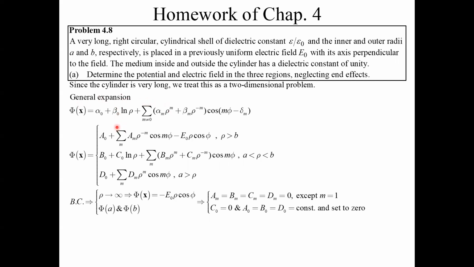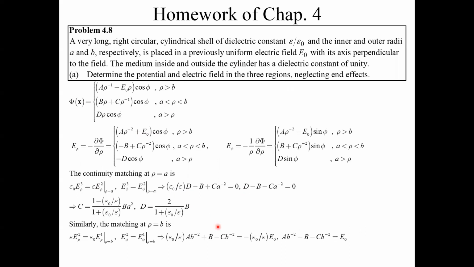So we have this, and then we match our boundary conditions. We have some coefficients that go to 0 here. And next, we keep matching our boundaries here. So for now, we have a summation here for our potential.